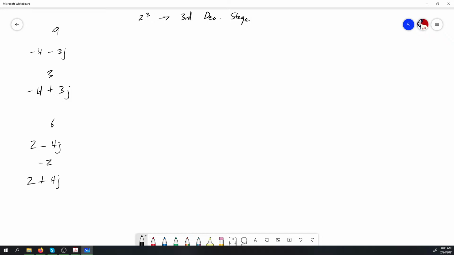Because it's 2 to the 3, the twiddle factors W_N^k have N going up to 8. So the twiddle factors associated with these 4 values, the second half of the 8 values, are going to be W_8^0 to W_8^3, with the -1s representing the other half of the twiddle factors. So this one will be W_8^0, one will be W_8^1, then W_8^2, and W_8^3.